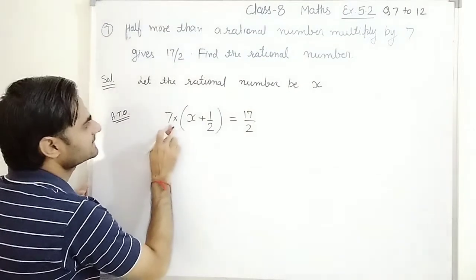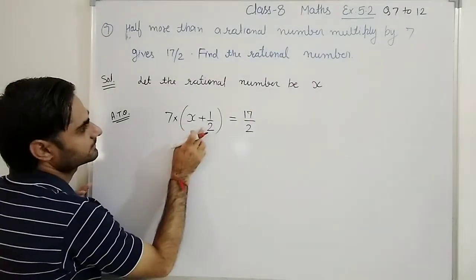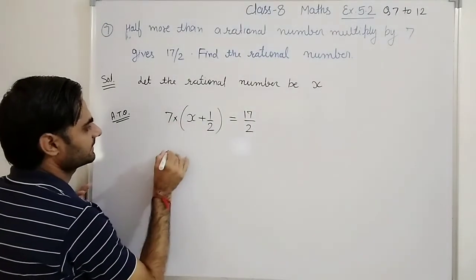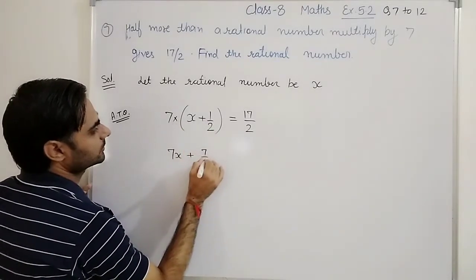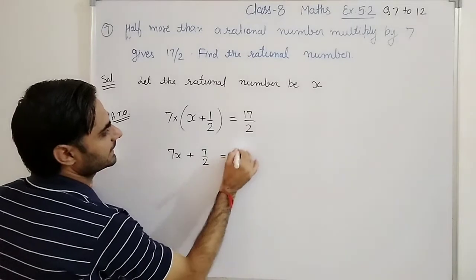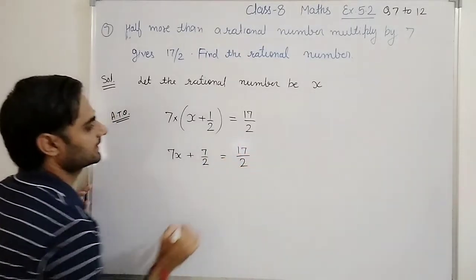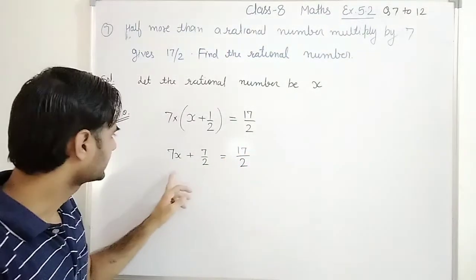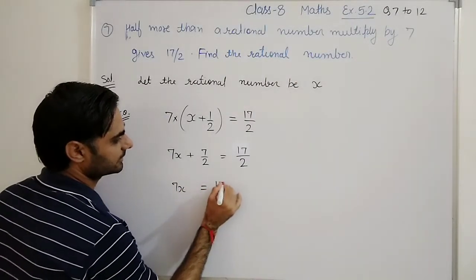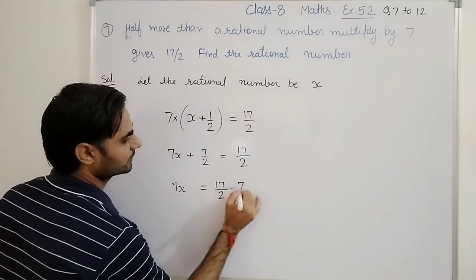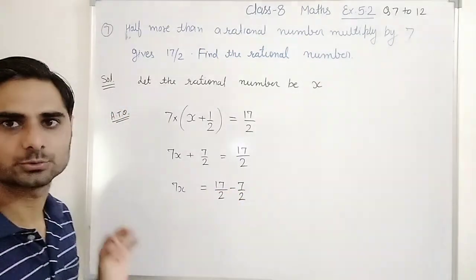So here 7 will be multiplied to both of them. Correct? 7 multiplied by x is 7x, and 7 multiplied by 1 upon 2 is 7 upon 2, equal to 17 upon 2. Right? Can we transpose this? So 7x will be equal to 17 upon 2 minus 7 upon 2.